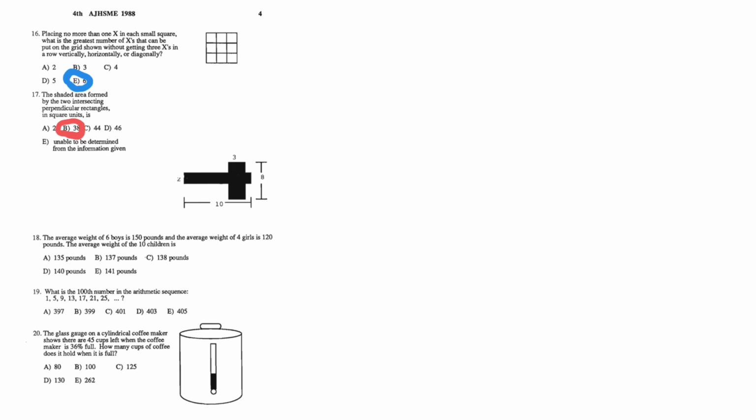Number 18. The average weight of 6 boys is 150 pounds, and the average weight of 4 girls is 120 pounds. What is the average weight of the 10 children? Average equals the sum of the numbers divided by the number of numbers. The total number of children is 10.